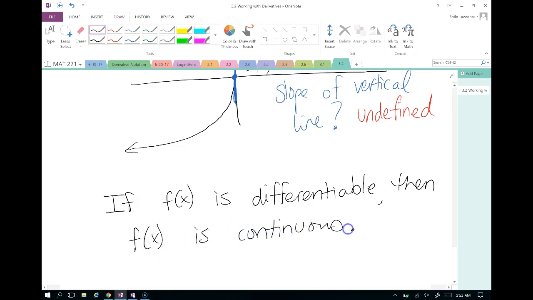This is a way that we can prove a function is continuous. If we can find the derivative and find a value for a tangent slope on the graph everywhere, then that automatically means it's going to be continuous. So if f of x is differentiable, then it is continuous. And differentiable means that we are able to find the derivative.